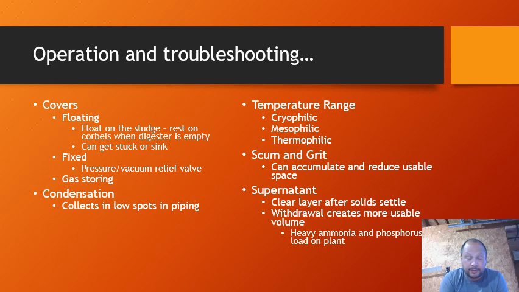Removing sludge too quickly from a fixed cover digester has in the past caused fixed cover digester roofs to collapse because of the vacuum. So that's something to be careful of with fixed cover digesters, not filling them or removing sludge too quickly. Either one can create issues.